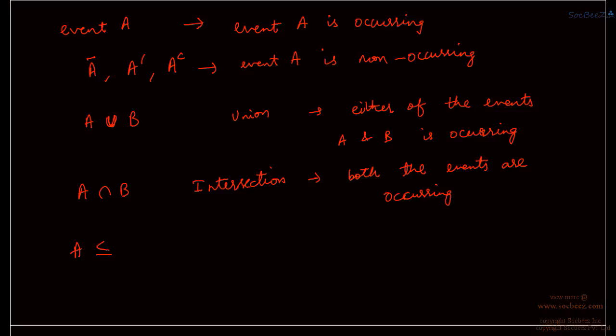Similarly, this notation is used more in set theory. So this means A is a subset of B. That means if A occurs, occurrence of B is implied.